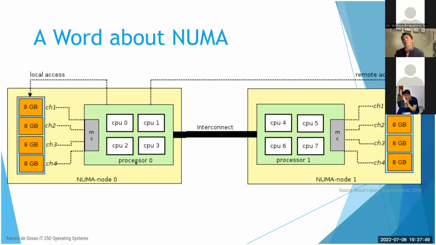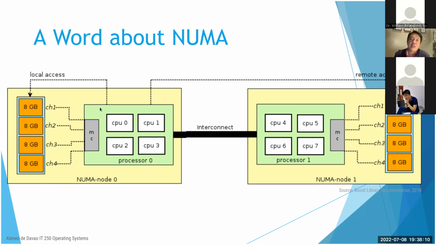And inside NUMA node 0, you will have the processor. The processor's memory interface connects to the memory that's assigned to that processor. In this case, you have 32 gigs of memory per processor. Each processor in turn will have 4 CPUs and therefore 4 cores. Same thing with the other one.